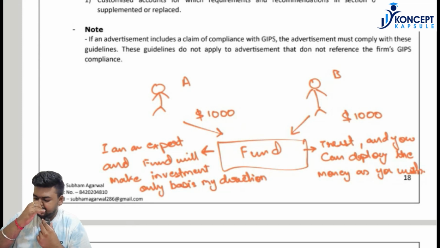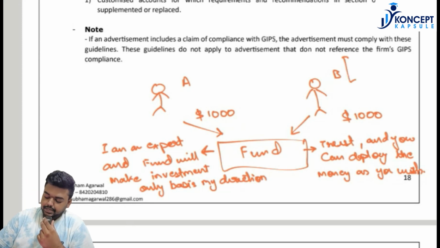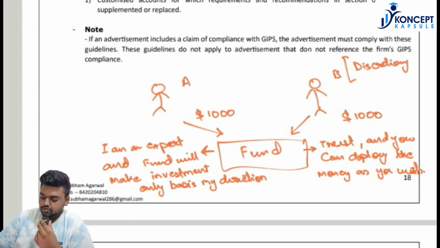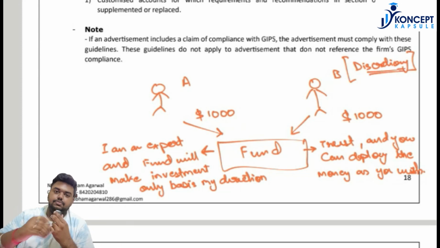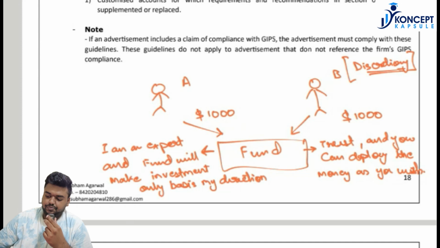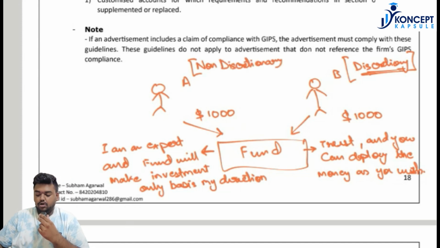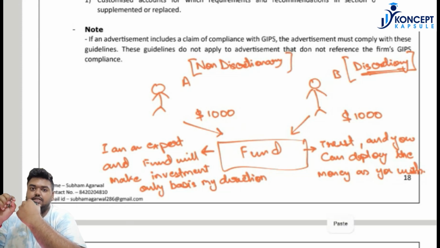In this situation, B will be a discretionary, B will be part of a discretionary portfolio. Why? Because over here the fund has the discretion of investment. So B will be a part of discretionary portfolio and A will be a part of non-discretionary portfolio. Why? Because the fund does not have the discretion to use the money as they like.